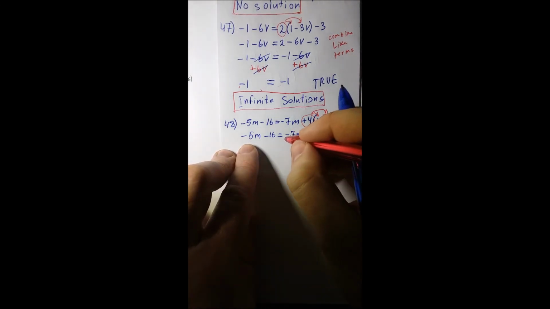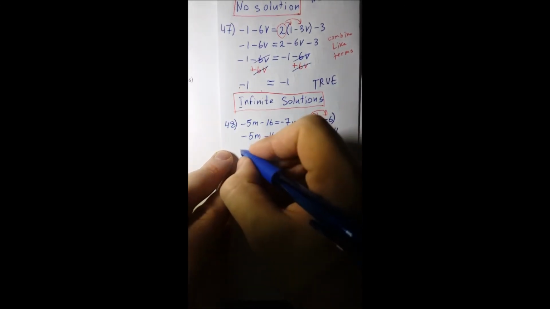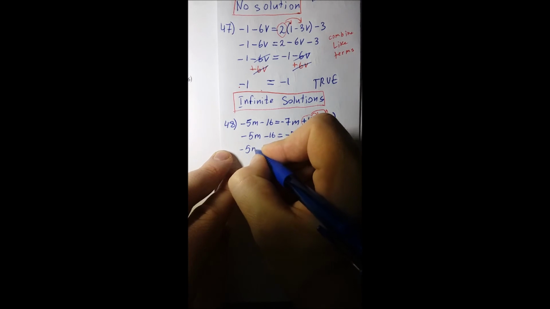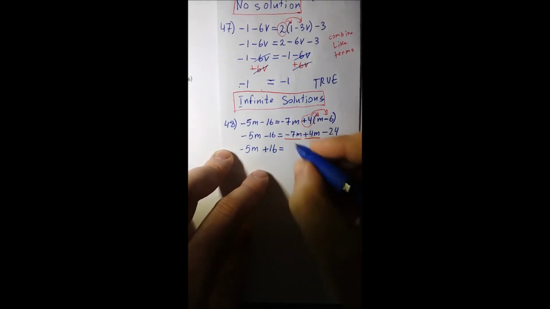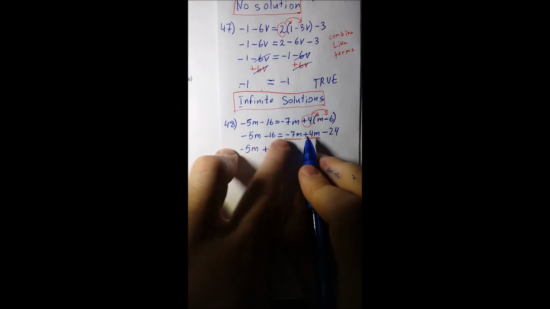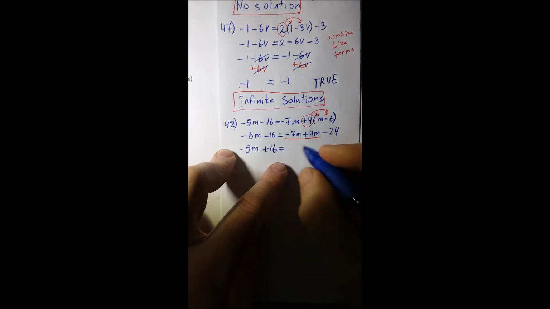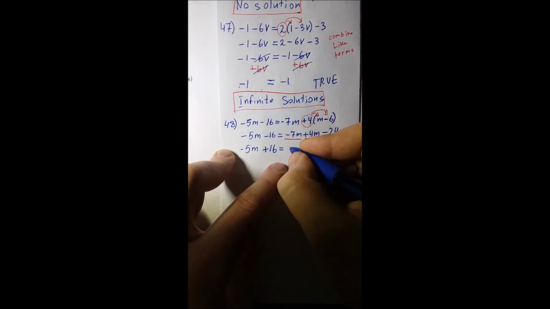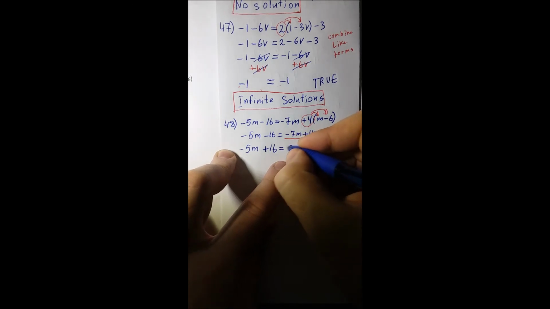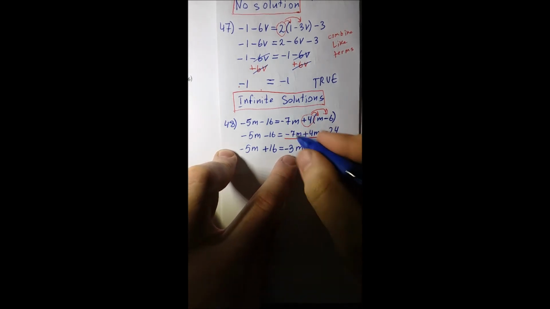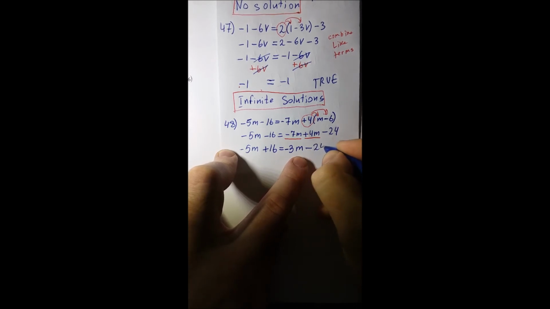I can combine negative 7m and positive 4m on the right. So it's going to be negative 5m plus 16 equals minus 7 plus 4. Same sign, add and keep; different sign, subtract. Different sign, you subtract. So it's going to be 7 minus 4, which is going to be 3m. Keep the sign of the greater number, which is negative 7, was a negative, right? Was greater. Minus 24.